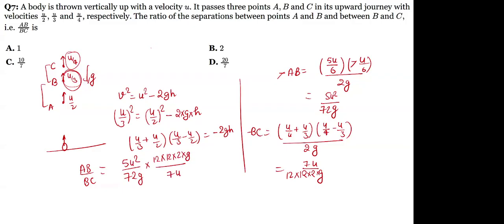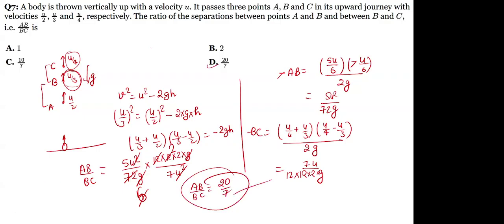Now just do the cancellation here. u square will cancel out. 12 sixes are 72, and 6 twos are 12. So ultimately it is coming out as 2 fours are 8, 5 fours are 20. AB by BC is 20 by 7. Now 20 by 7, option D is the correct one.